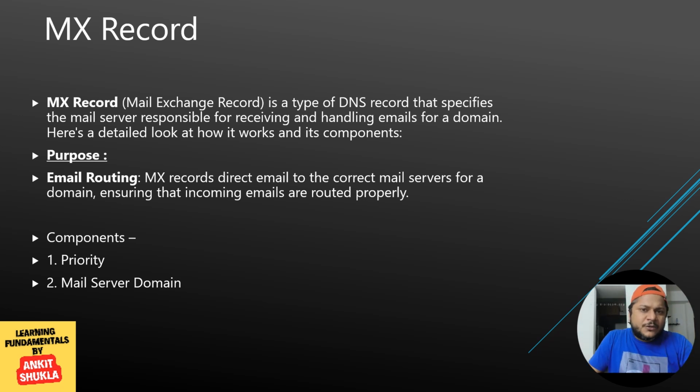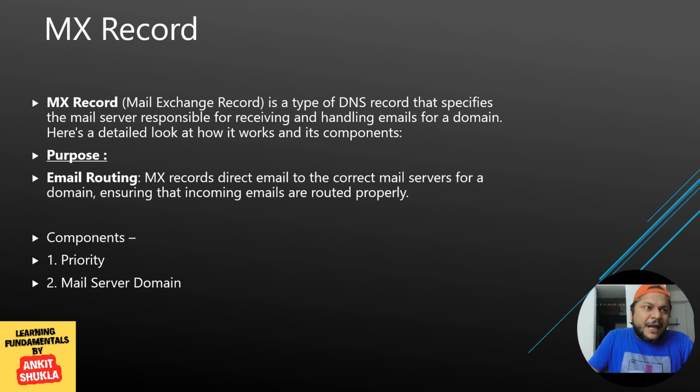Each MX record is associated with a priority and a mail server's domain name. Then the sending email server attempts to deliver the email to the mail servers listed in the MX records, starting with the highest priority. When we say highest priority, it means the lower the number, the higher the priority.